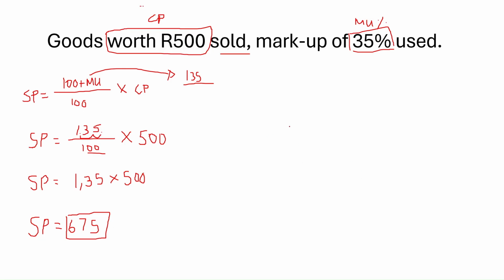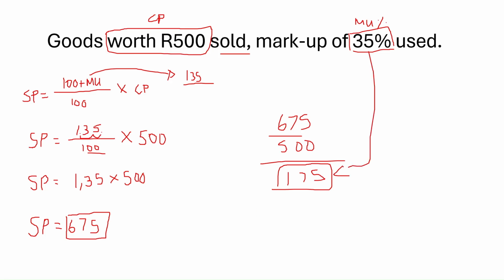So we can also calculate the profit that we made here and in the previous one. 675 minus 500 gives us 175. This would be our profit that we made basically. So this 35% is equal to 175 Rand.